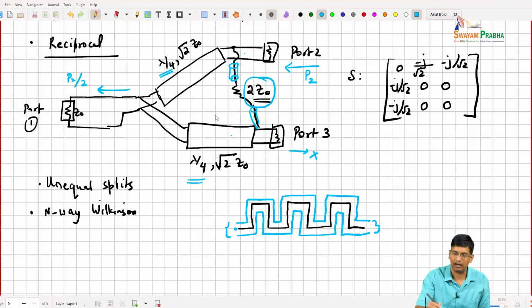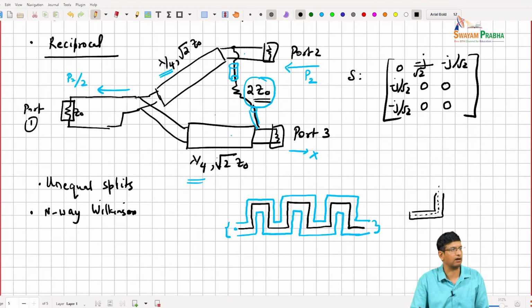You can actually get a pretty good estimate if your signal trace, of course it has some width, so you just go along the center of the signal trace and you get the total length. That basically works out very well as a determination of the effective length that you need.